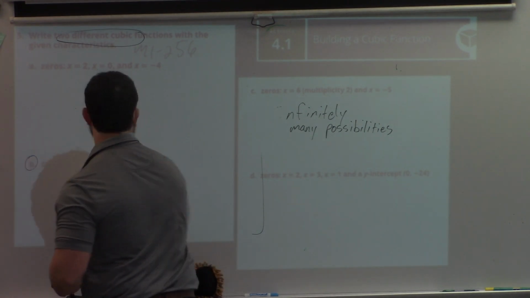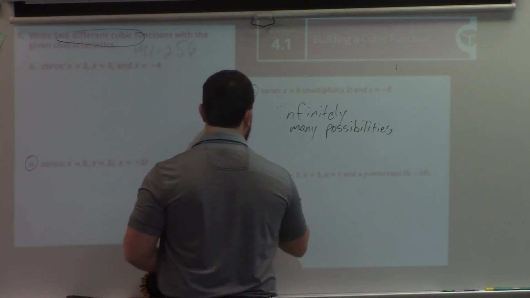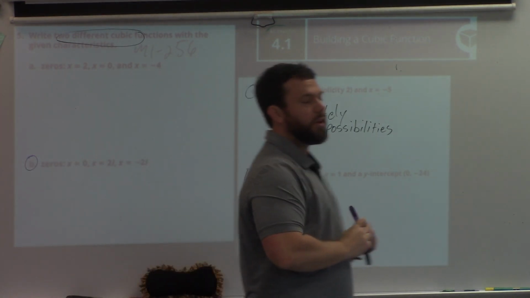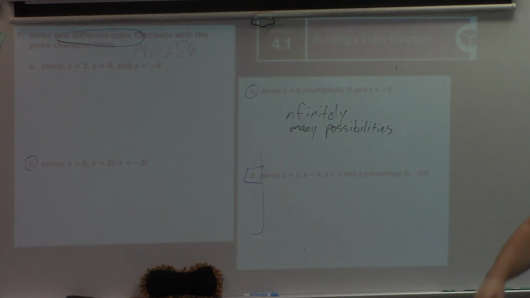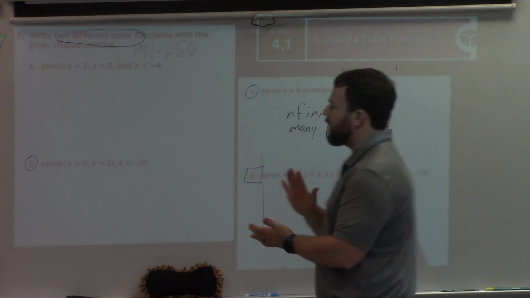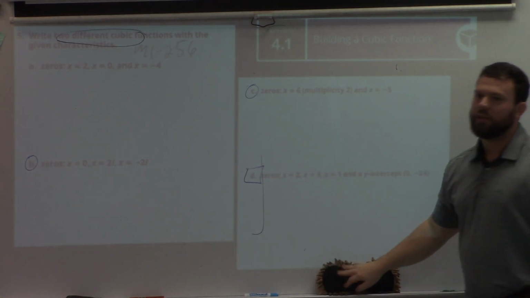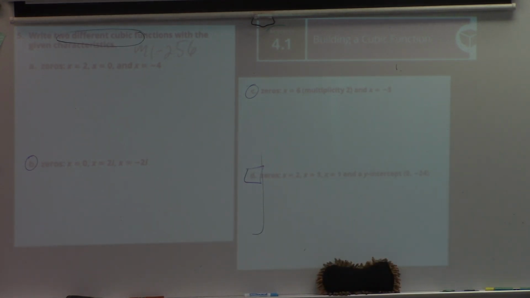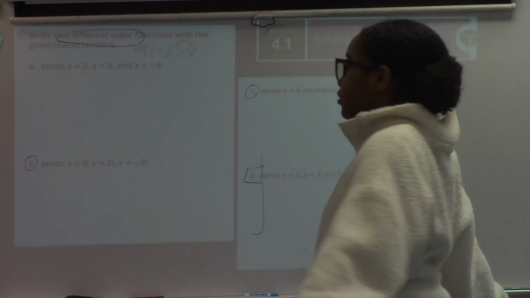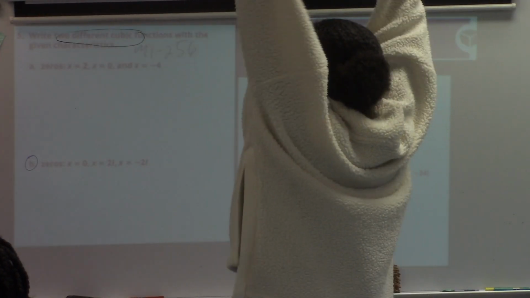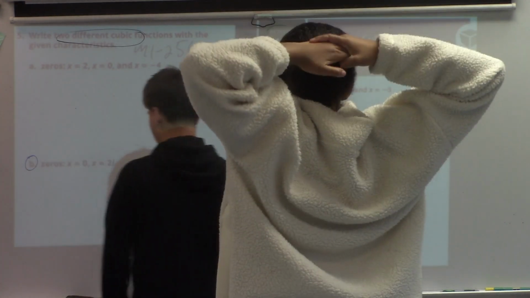So I'm going to have us do B, C, and then if you finish B and C before we come back together, I want you to work on D. I want you to write cubic functions. You only have to do 1 for B and C. If you finish early, go on to D. 3, 2, 1, break. Do 1 equation for B, 1 equation for C. If you get done with those early, 1 equation for D.